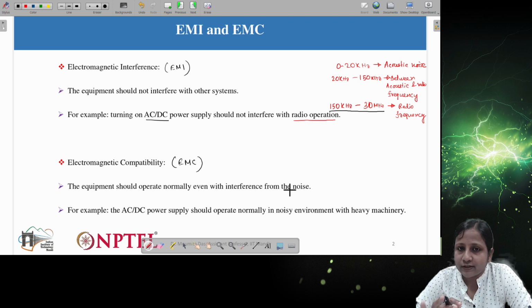There will be interference, so we have to make the system electromagnetically compatible, so that even if noise is present, the equipment should operate properly.